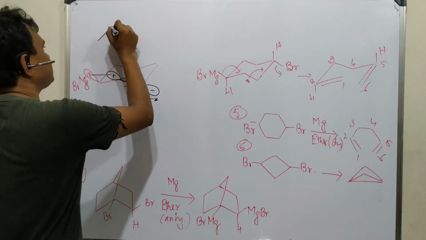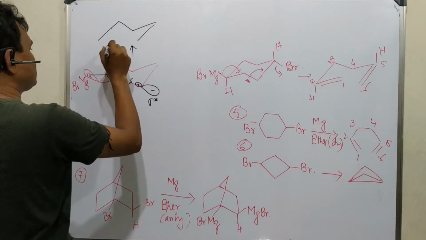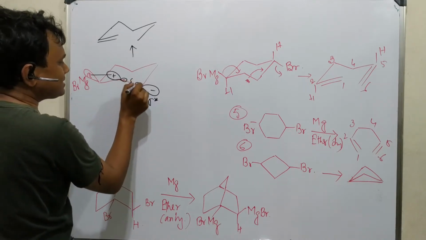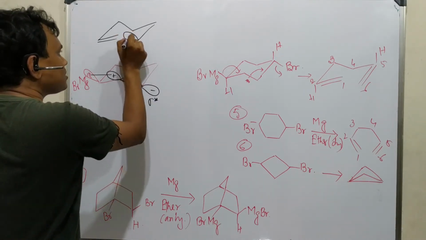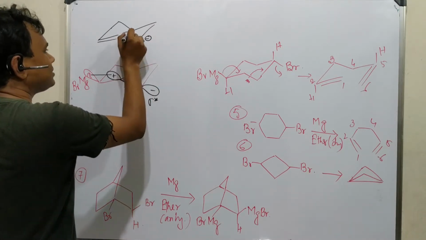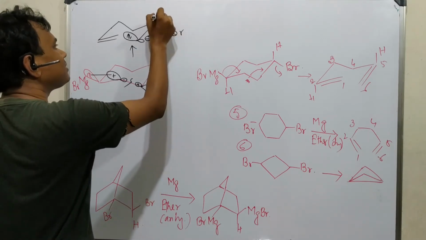If this is broken, consequently what is expected to be produced? Stepwise explanation. This bond is broken. Right now the lone pair is in this orbital, so the carbanion is here, and similarly Br is here, hydrogen.